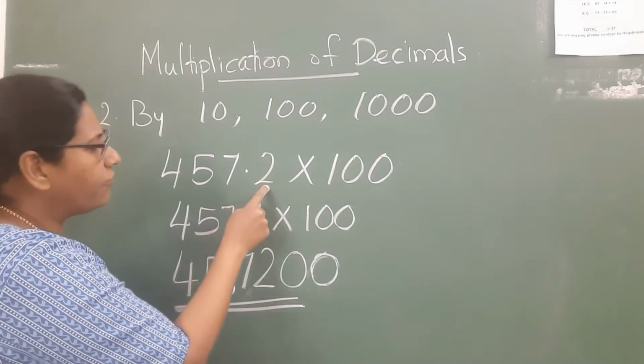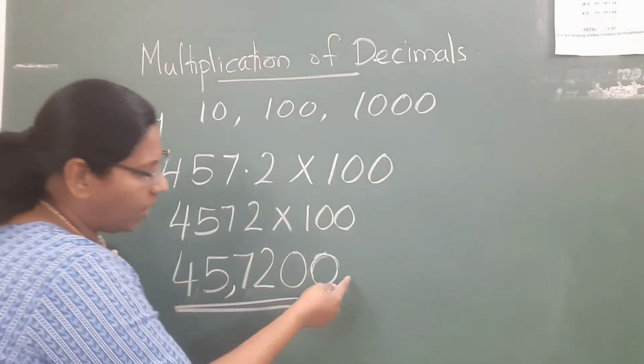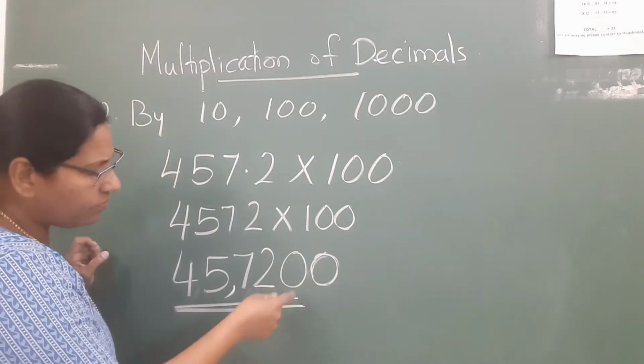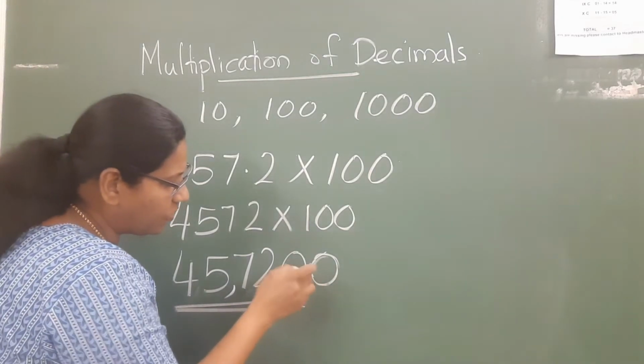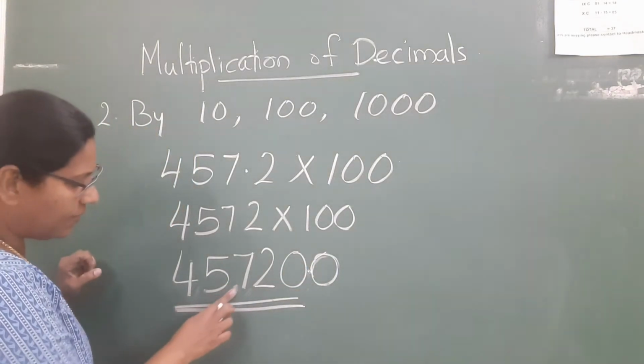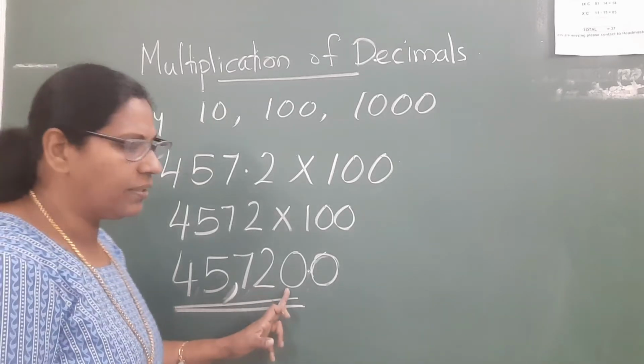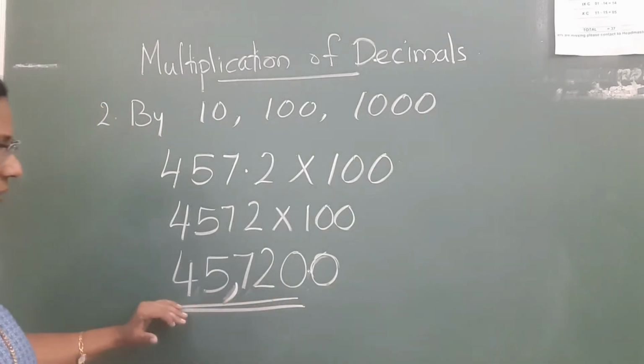Here after one place the decimal is there, so we count from the right. After 1 zero we put the decimal. Then we get the answer 45,720. This is the product.